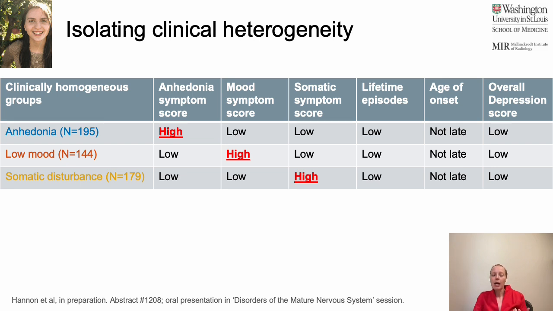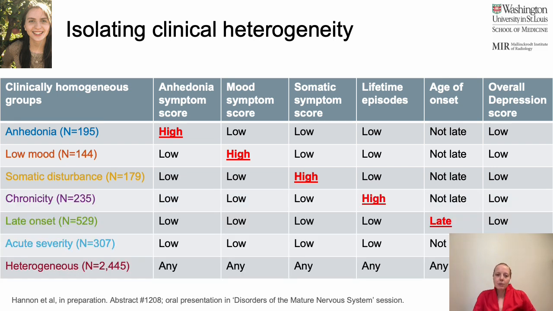This is a really exciting opportunity to curate these really specific and uncommon groups of subjects within the UK Biobank cohort. The reason we wanted to do this is because it allowed us to identify whether there are different neural mechanisms associated with these different symptoms.